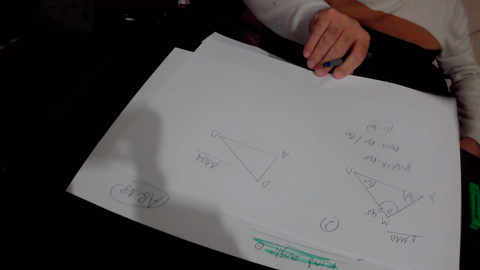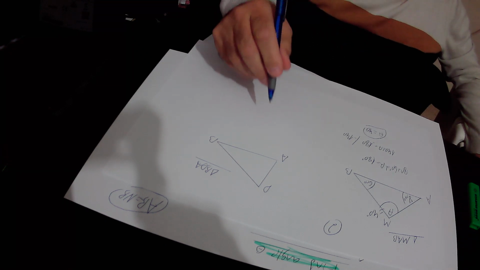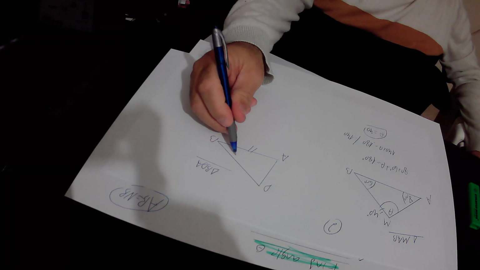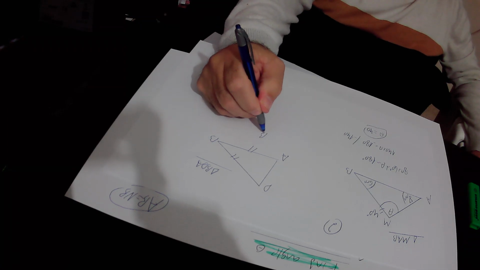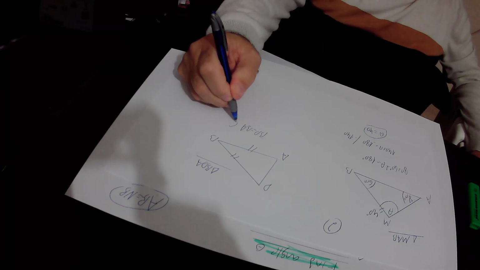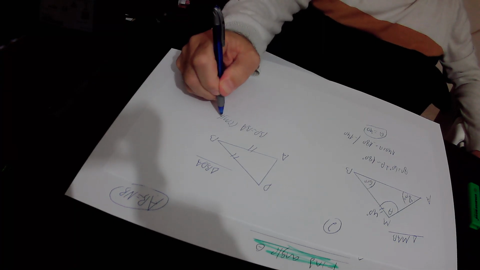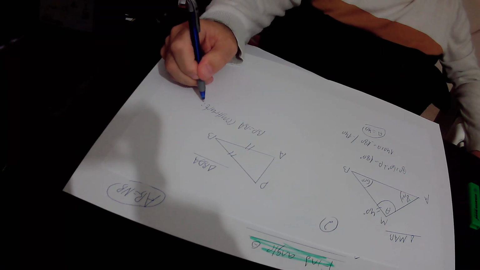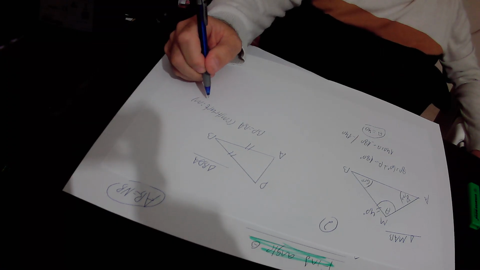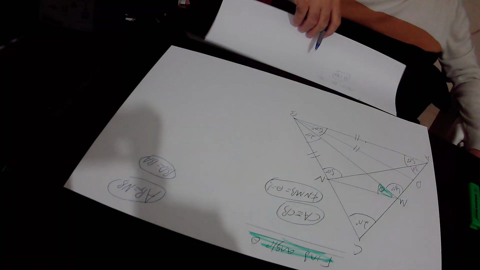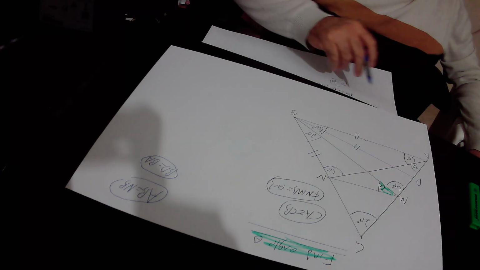So this is triangle BDA, the copy from the original drawing. BA equals BD according to our construction. I write it down. This angle DAB is equal to 80 degrees.